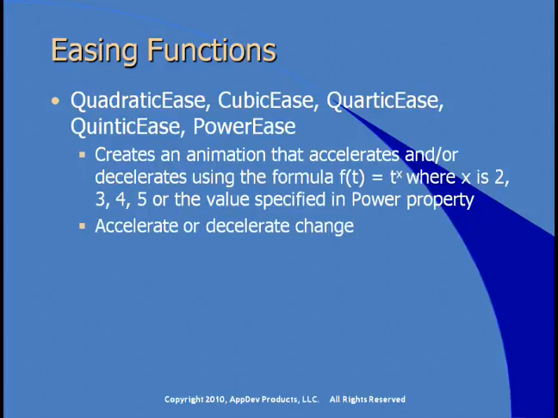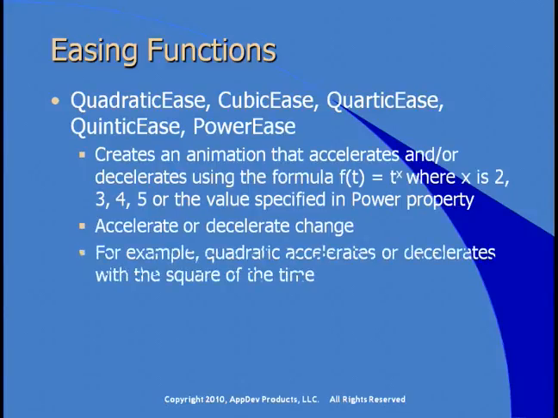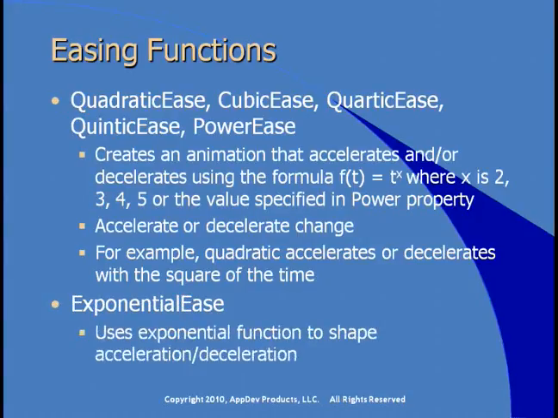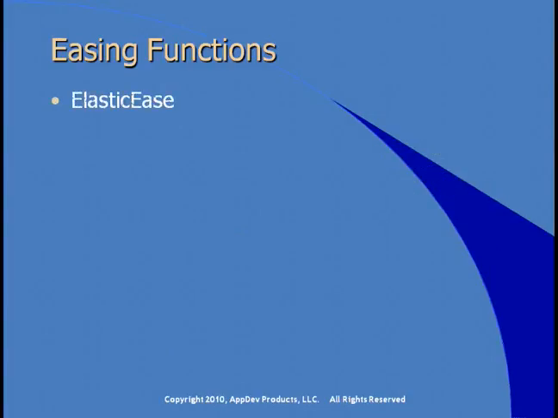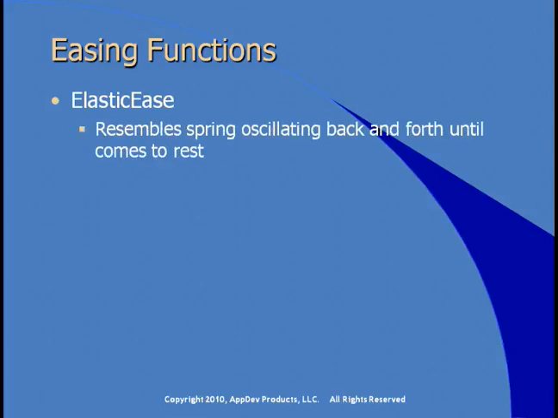You can accelerate or decelerate your change, and for example, a quadratic accelerates or decelerates with the square of the time. The exponential ease uses an exponential function to shape the acceleration or deceleration. There's a couple more. There's elastic ease, which resembles a spring, oscillating back and forth until it finally comes to rest.